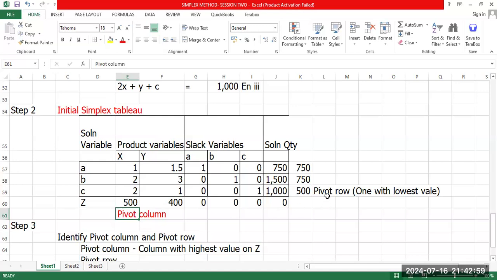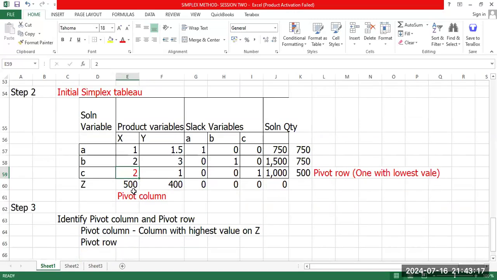What is the meeting point between pivot row and pivot column? The meeting point is actually down here. So we want to make this meeting point appear as 1.